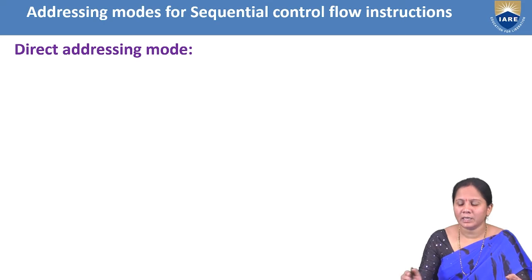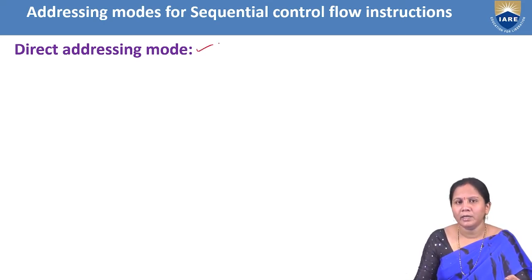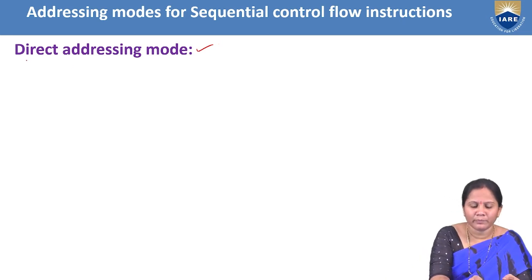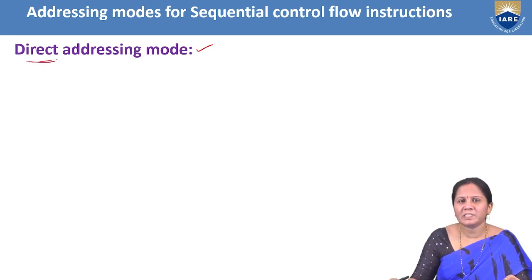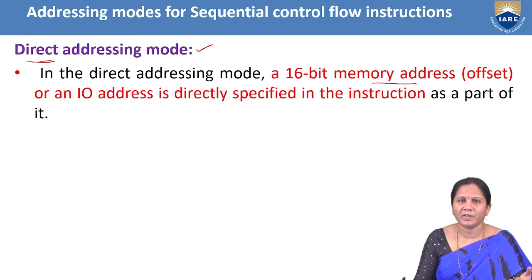The next addressing mode is direct addressing mode. Here, what will be specified as a part of an instruction? In direct addressing mode, a 16-bit memory address will be specified as a part of an instruction. That means the address will be specified directly.